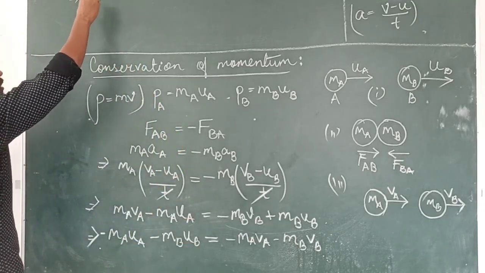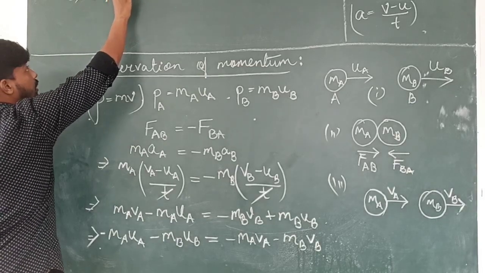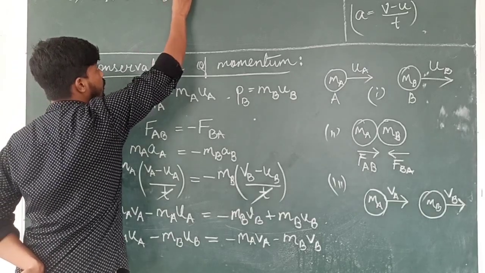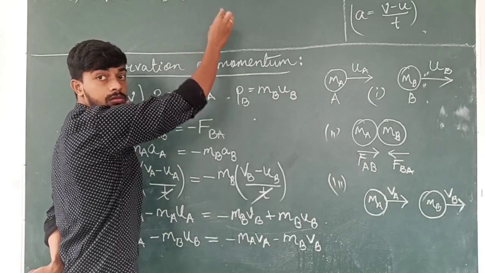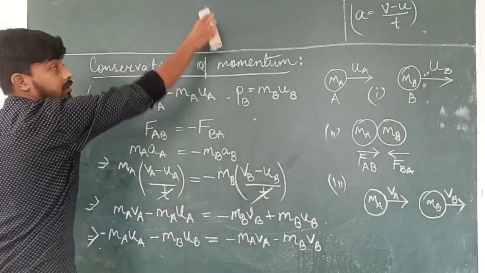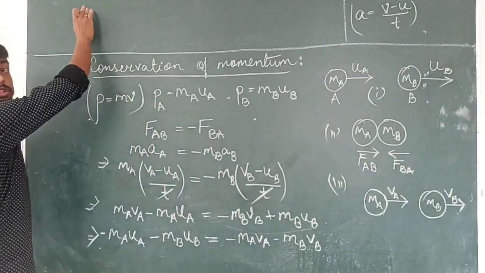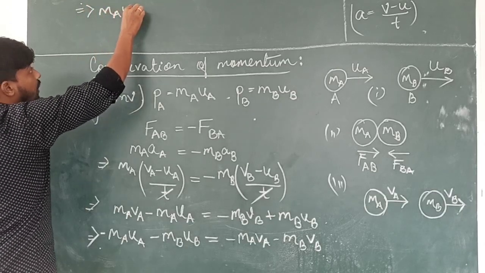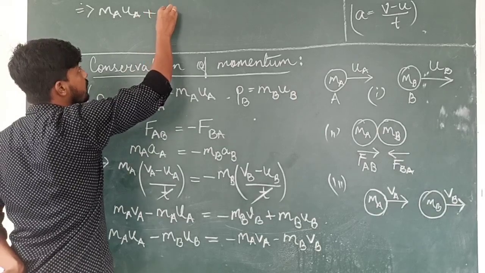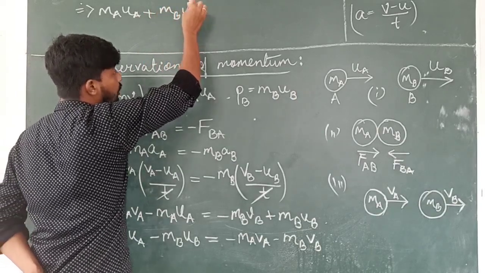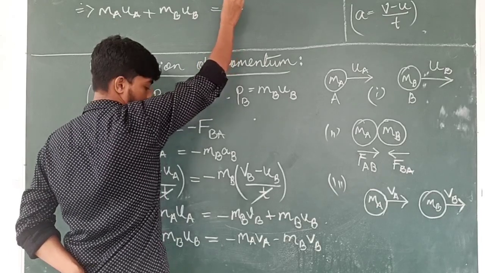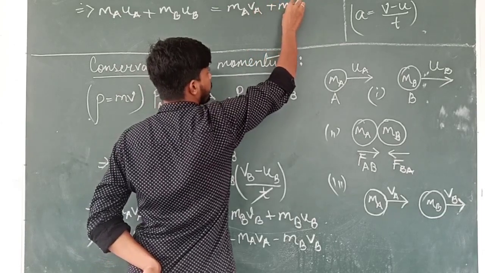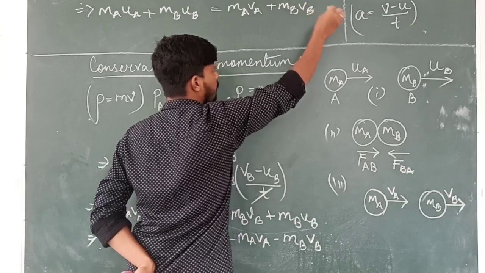So finally, mA uA plus mB uB is equal to mA vA plus mB vB.